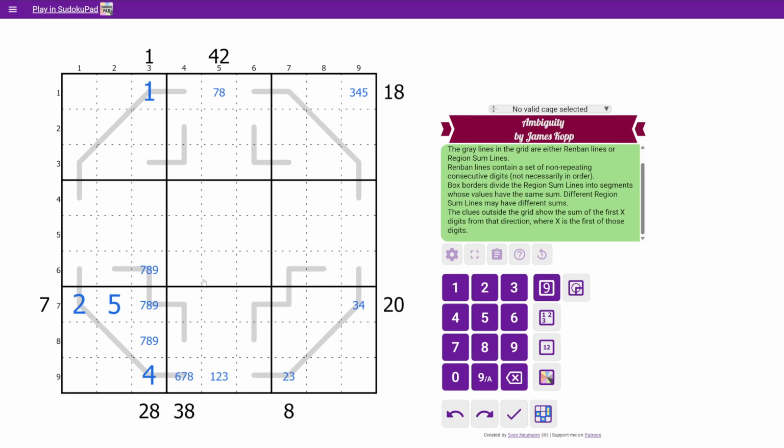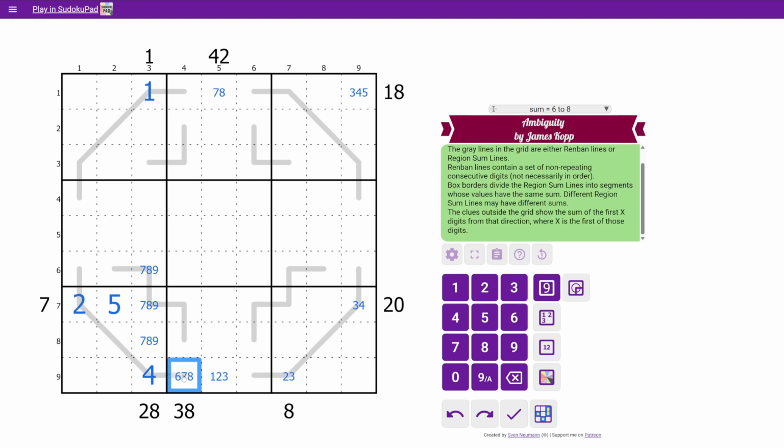Stuck again, probably. But now this can still be 2, 3, 4, 5, 6. Or it can be 1, 2, 4. But it cannot be a region sum now, I guess. Is that the point?